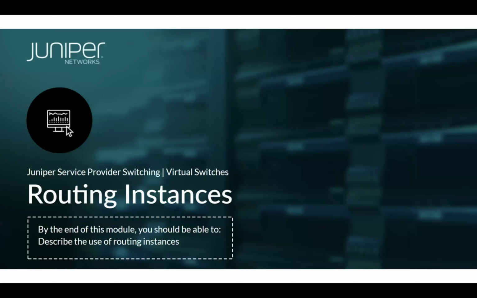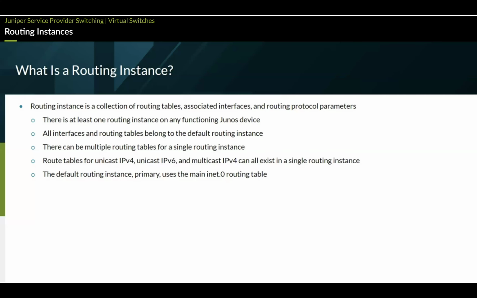Routing instances are basically like virtualization. You have one single physical server and you want to make multiple virtual machines or containers from that single physical server.